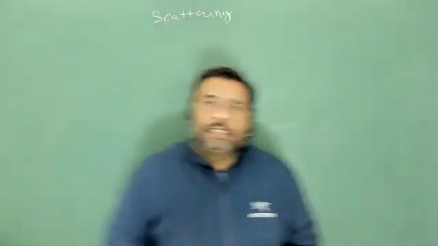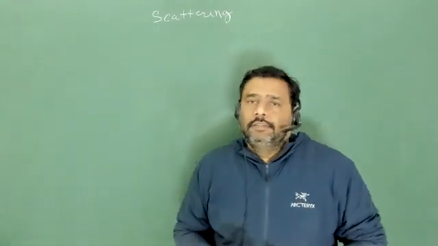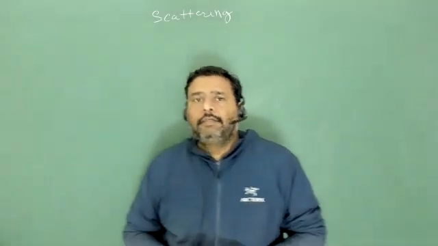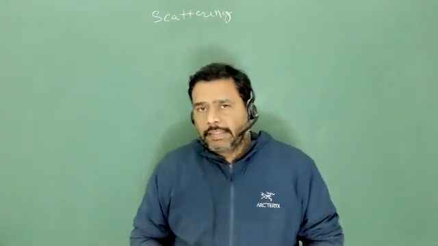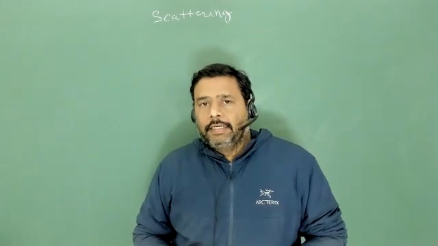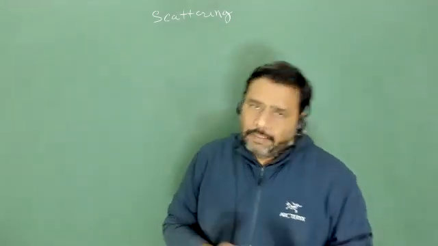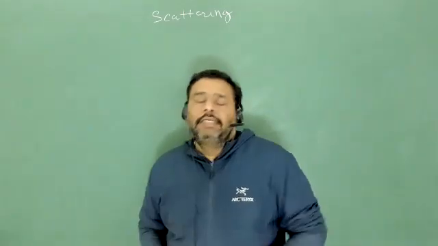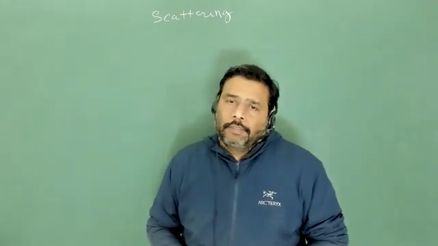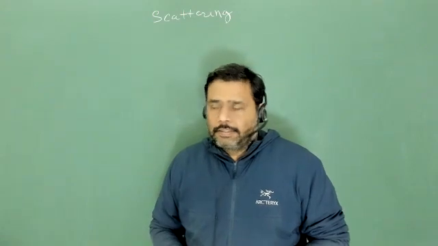So in the last class, we have just formulated the concept of differential scattering cross section, and we have also learned how impact parameter is basically related to our differential scattering cross section.